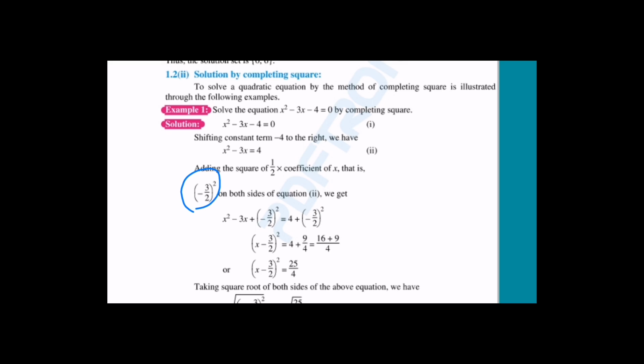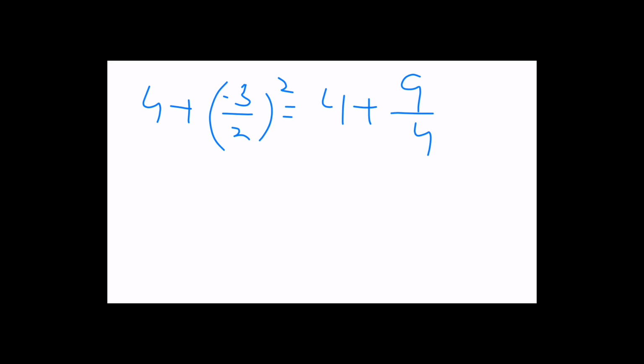So the right hand side becomes 4 plus minus 3 by 2 whole square, which is equal to 4 plus 9 by 4. Taking 4 as the LCM, this becomes 16, this becomes 9.